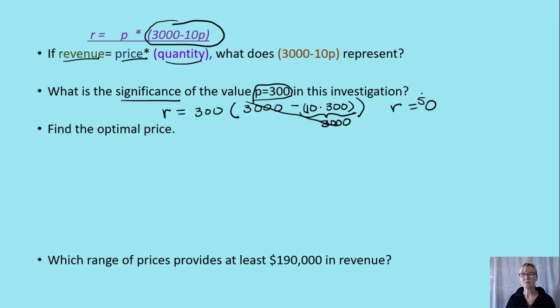Remember, revenue is the amount of money you take in. So 300 is important because it's a price. If the calculator is priced at $300, you make exactly $0 in revenue.